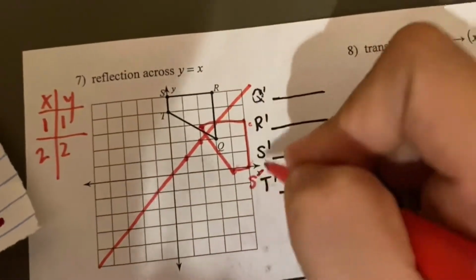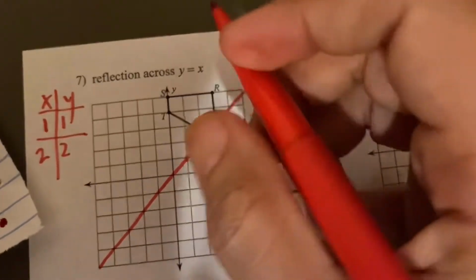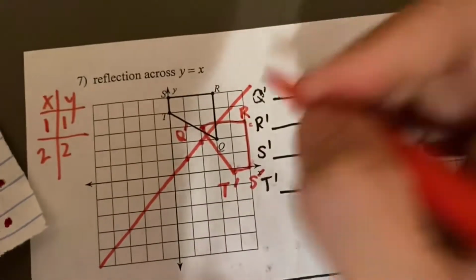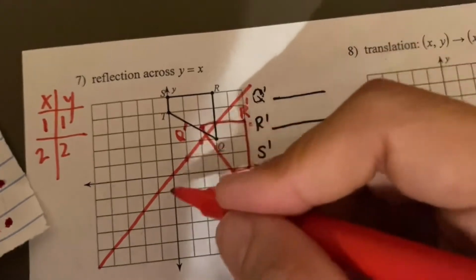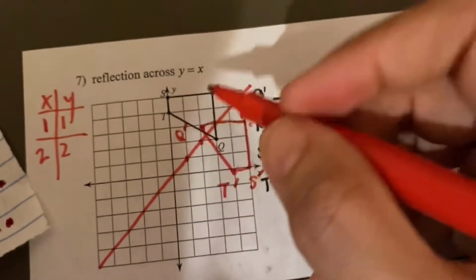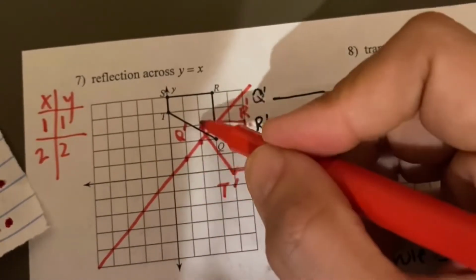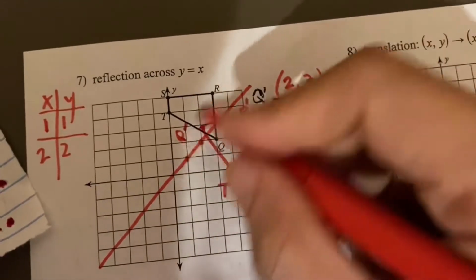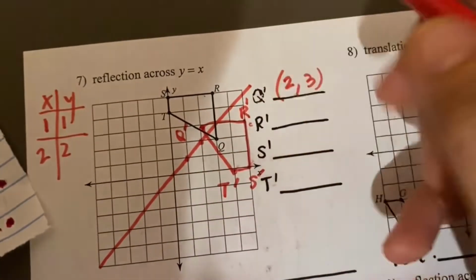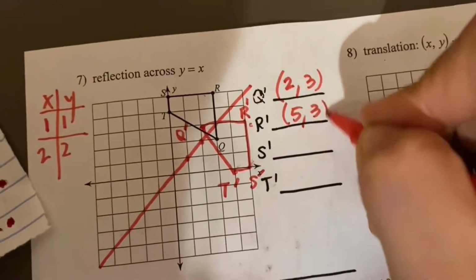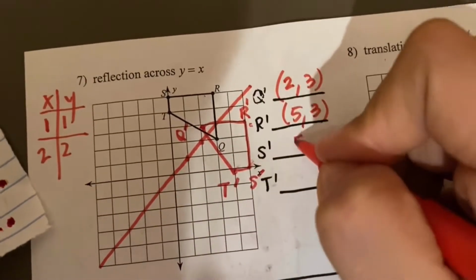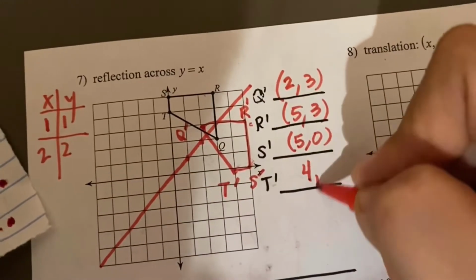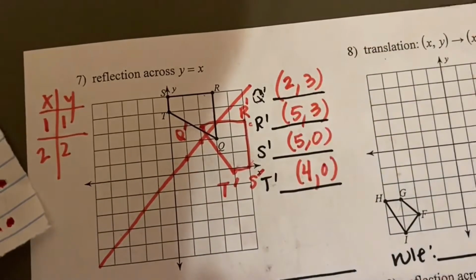Okay, so now S is here, T, Q, and R. So let's read the coordinates. R is 5, 3. S is 5, 0. T is 4, 0.